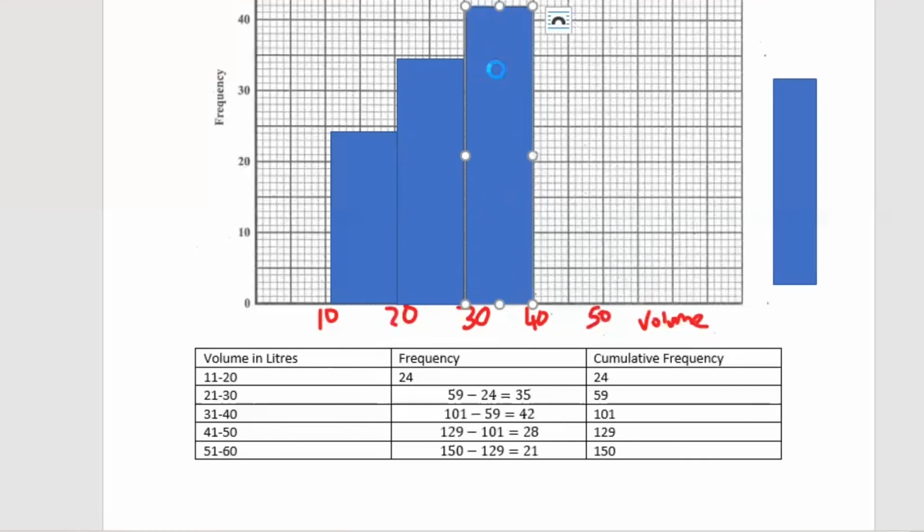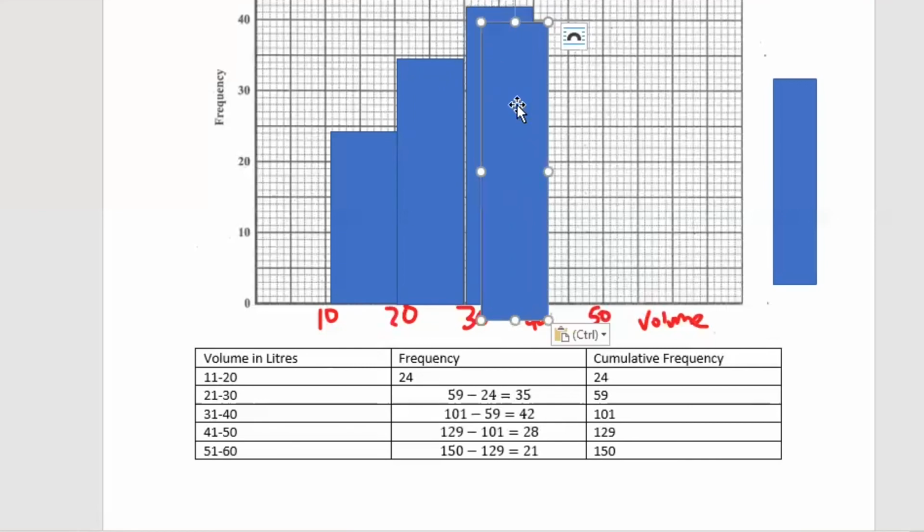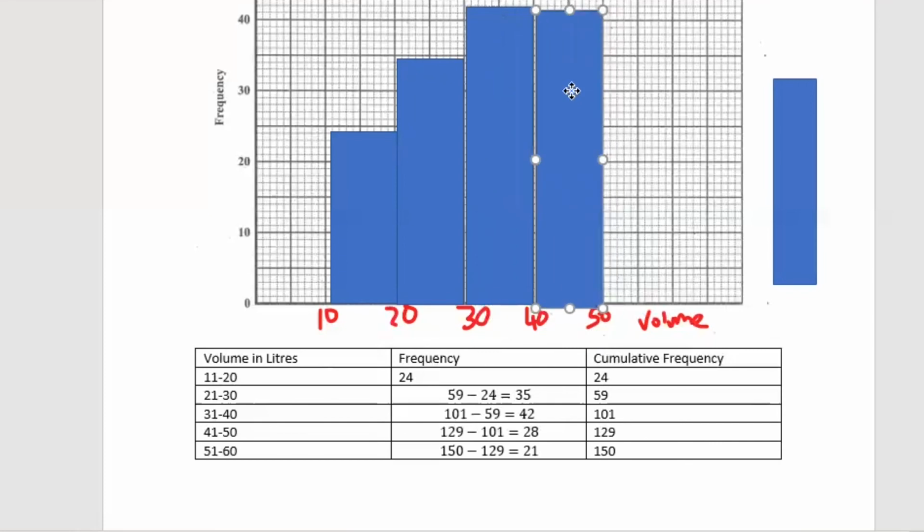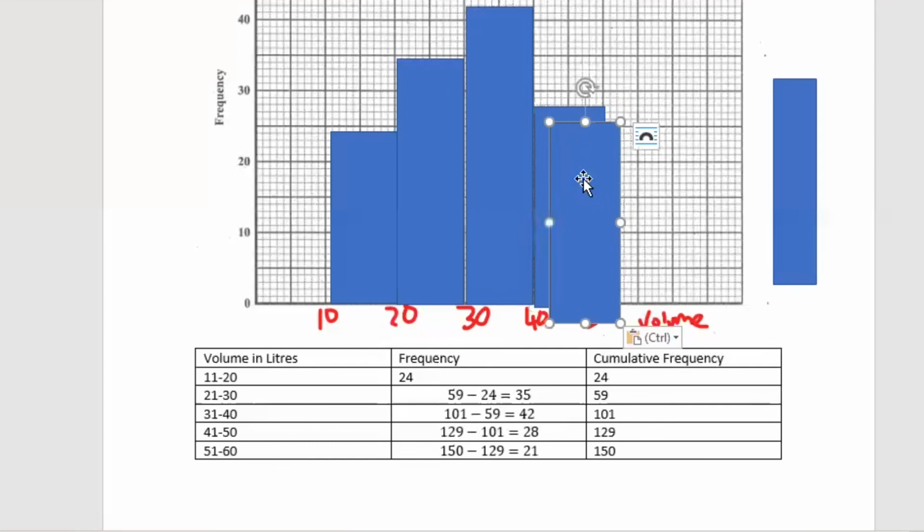And then the other is 41 to 50. So the lower class boundary is 40.5. The upper class boundary is 50.5, and the frequency is 28. So it would be 25, 26, 27, 28. And that would be our bar. And for the last one, it is 51 to 60.